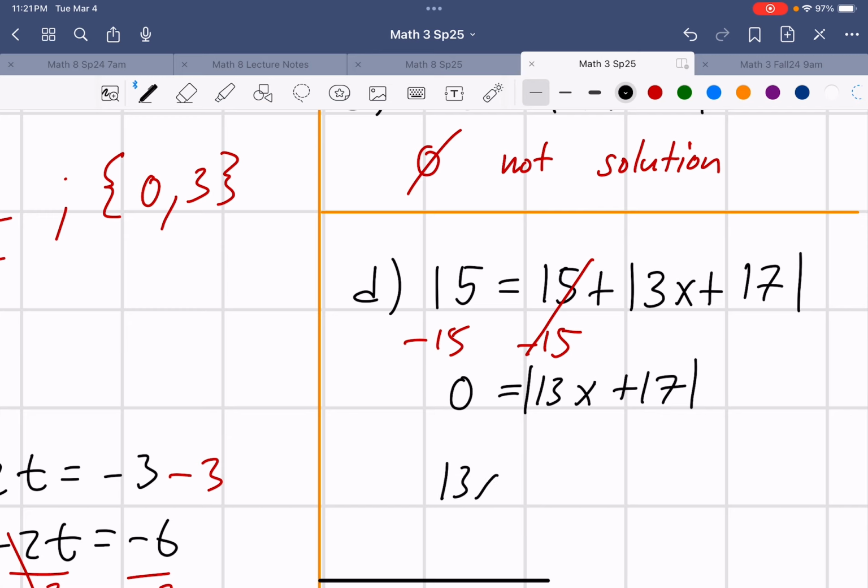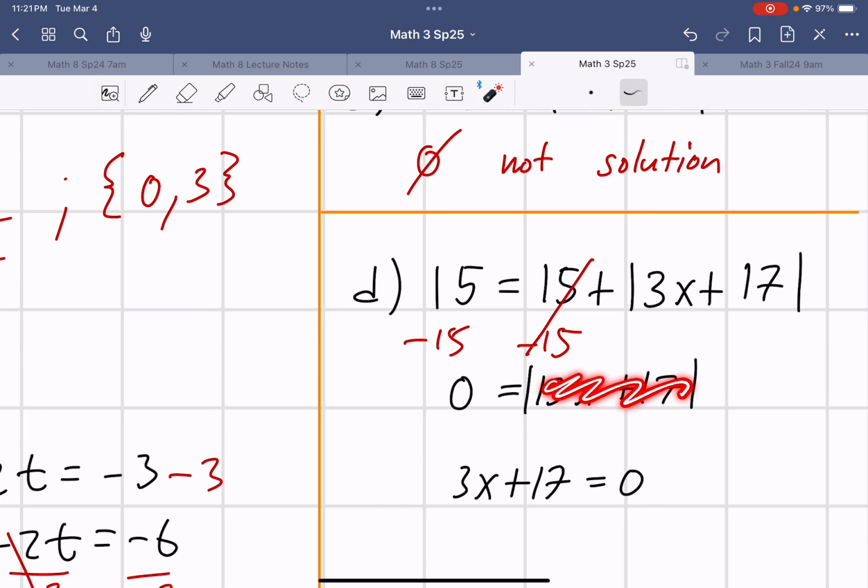So to find this, I do the same thing I did with my inequality. I take the equation inside this absolute value, set it, without the absolute value, equal to 0 because I want this inside to be 0 because of this number here. So because I want inside to be 0, then this 3x plus 17 has to be 0.